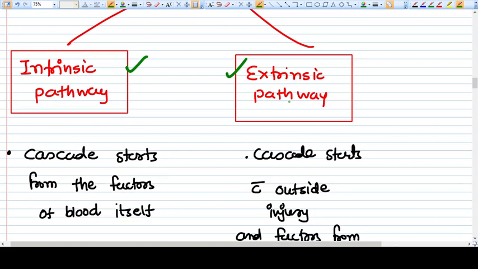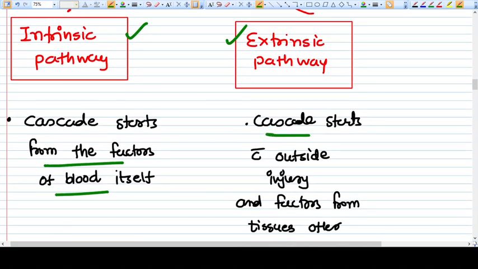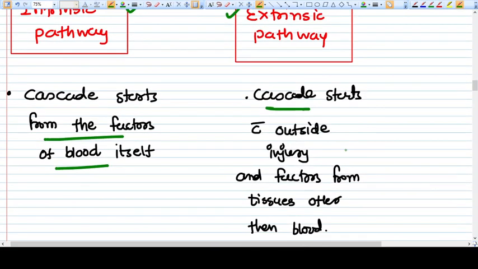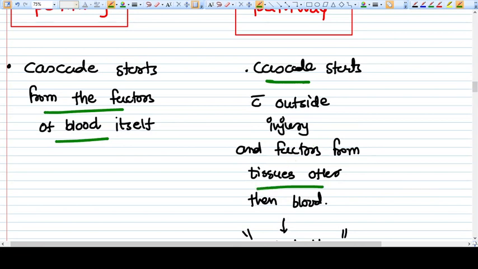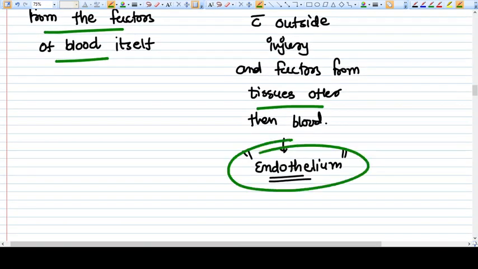Now let's understand why one is called intrinsic and the other extrinsic. In the intrinsic pathway, the cascade starts from the factors of the blood itself, while the extrinsic pathway occurs because of injury. The cascade starts with outside injury and factors from tissues other than blood, that is collagen, tissue factors, and endothelium tissues.